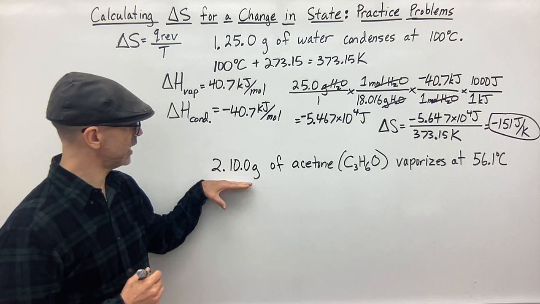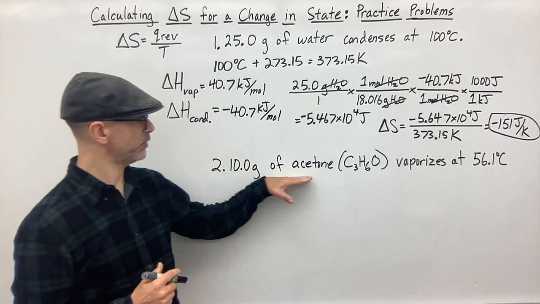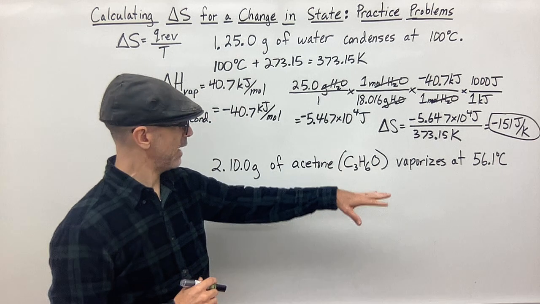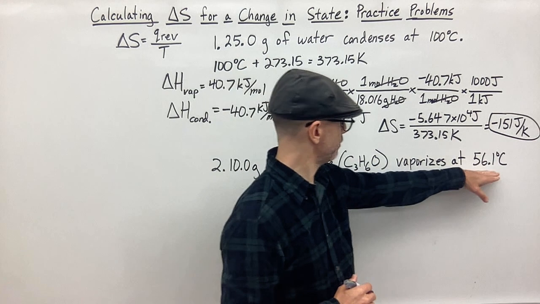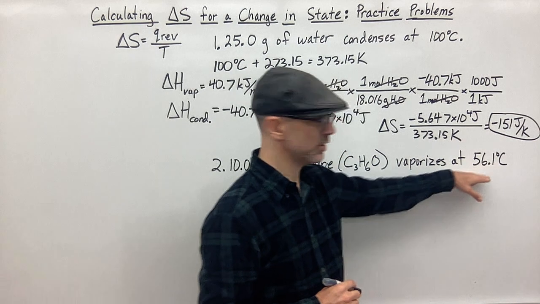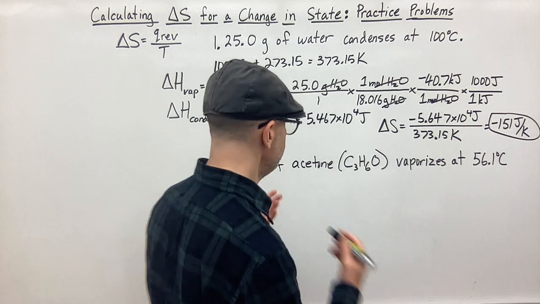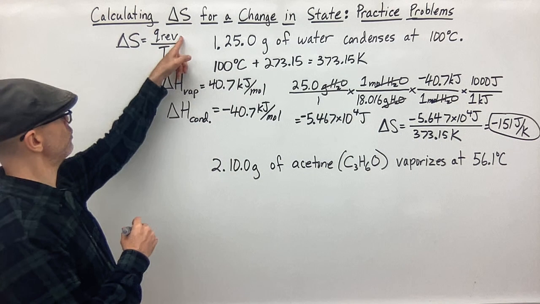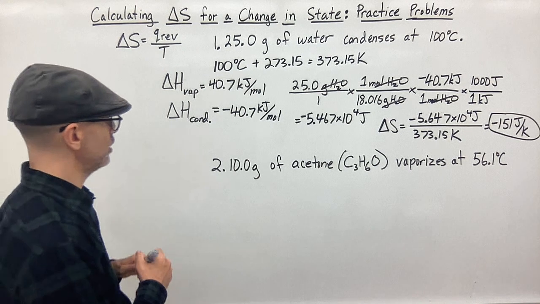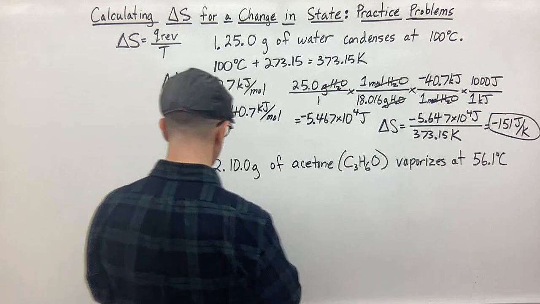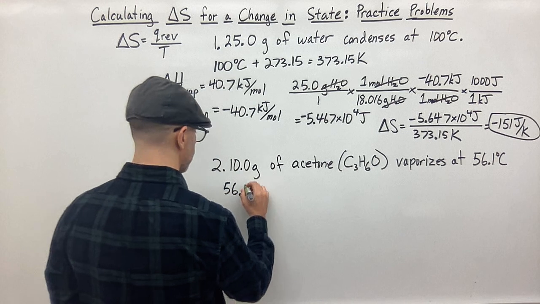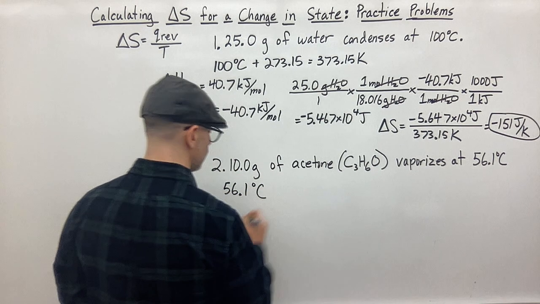Here we have 10.0 grams of acetone, and here's the formula for acetone, and that's going to be vaporized at 56.1 degrees Celsius. So again, we're going to find the Q of the reversible divided by the temperature. So the temperature they're giving us is 56.1 degrees Celsius.